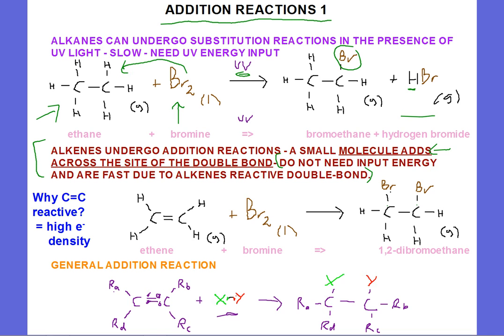One of those electrons ends up bonding with the X. One's bonding with the Y. So there's that Y bond with 1 electron from the Y and 1 from the alkene. And here's the X, 1 from the X and 1 from the alkene, making 2 new bonds. And that's what happens in an addition reaction. The alkene reacts with the molecule to make 1 new molecule only.